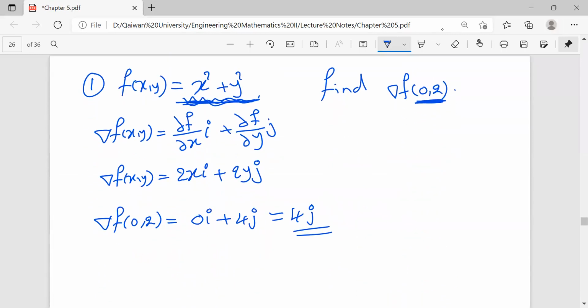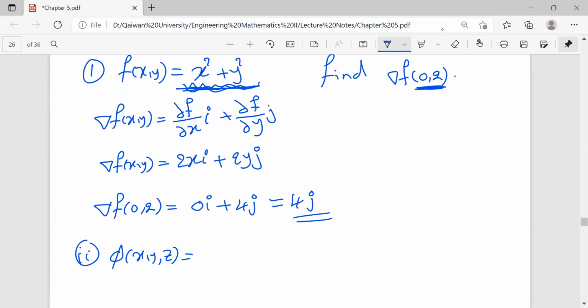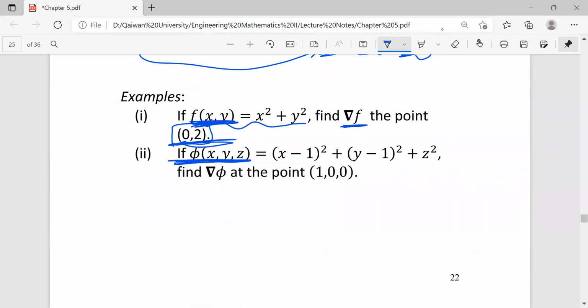Let's first write down the function. phi of x, y, z equals x minus 1 squared plus y minus 1 squared plus z squared. It says find grad phi.